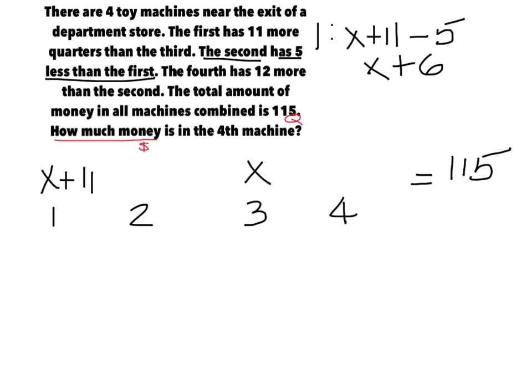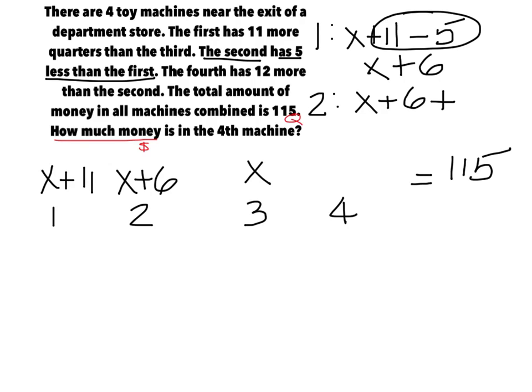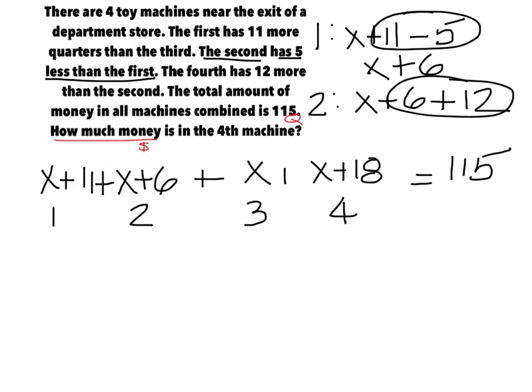X plus 6, right, because 11 minus 5 is 6. And the fourth has 12 more than the second. Well, here's the second. And the fourth has 12 more. So how can I simplify that? X plus 18, yes. So I need to put plus signs in between all of these.